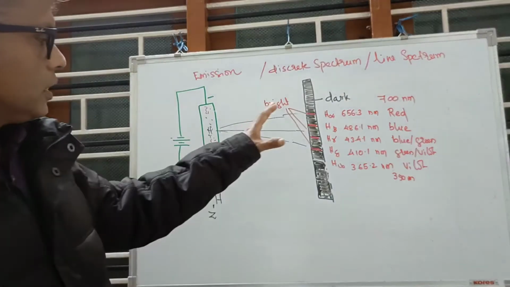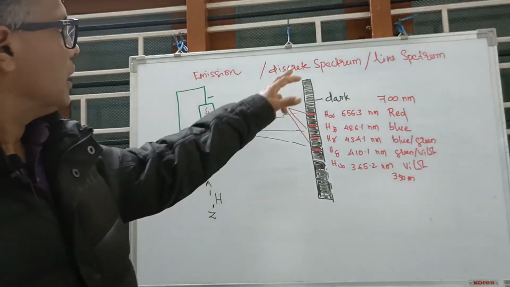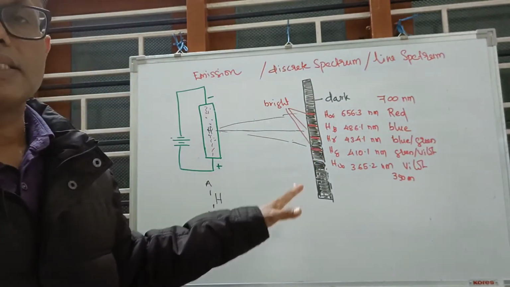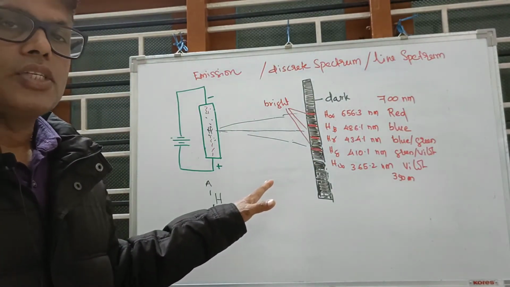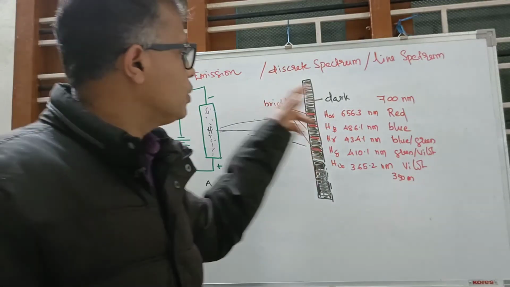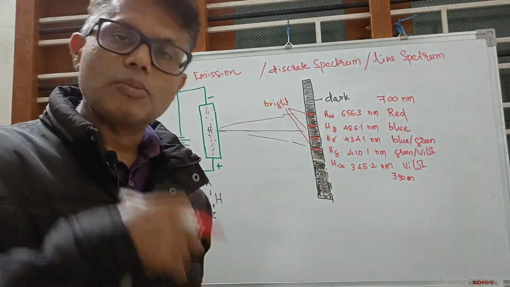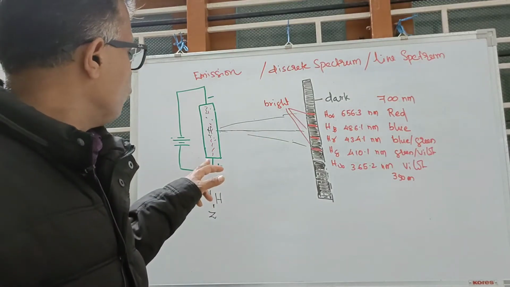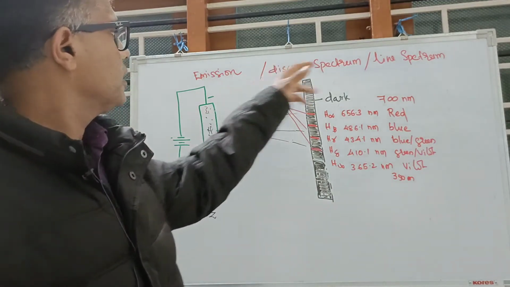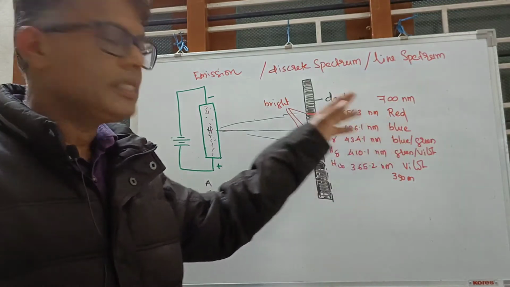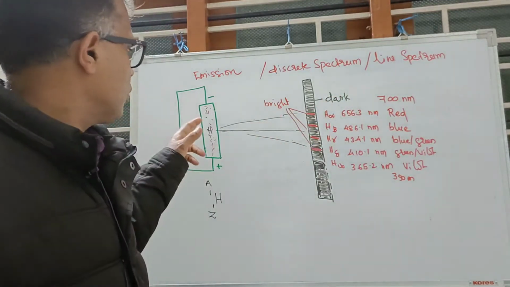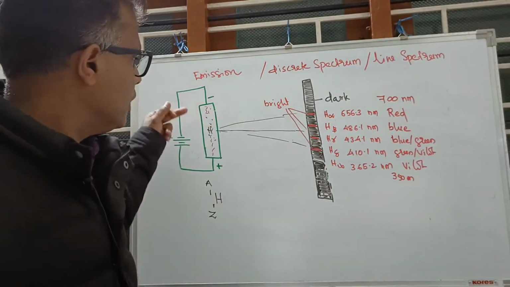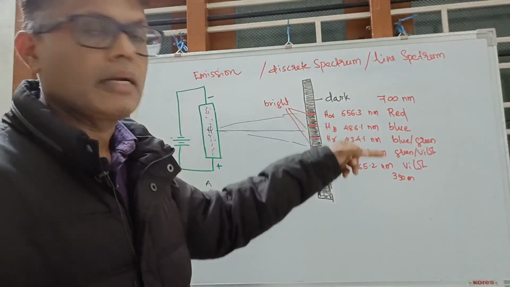So this is the characteristic discrete or line spectrum of this particular gas. Understood, no? How this spectrum is made by this gas we will explain a little afterwards. Now you understood what a discrete spectrum is. It is the characteristic of a particular gas: when electric current is passing through it, it is radiating some spectrum.